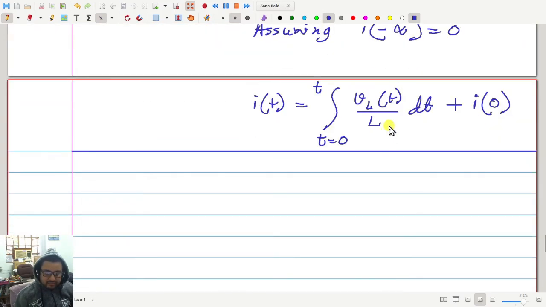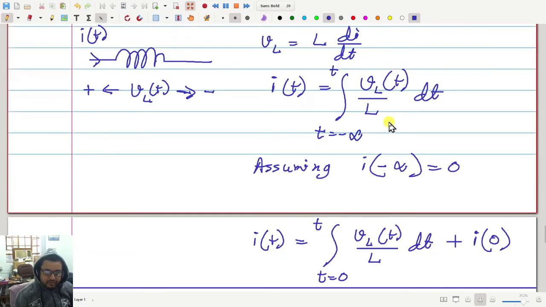Sir, why is it not from t equal to 0 to t equal to t here in this equation? Yeah, you can do that, but then you have to add the constant of integration.